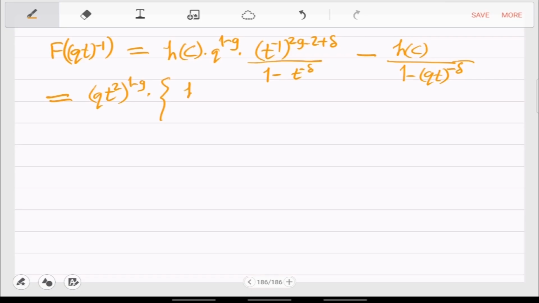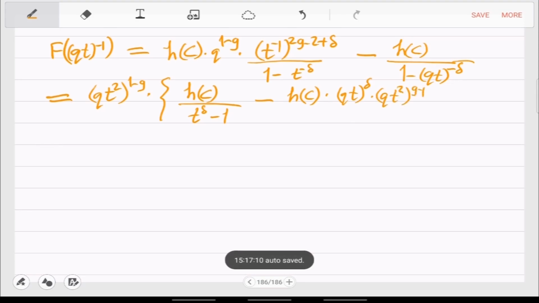Let's check what remains. Yes, so what is happening is that these two summands are flipping. So I take qt square raised to 1 minus g.